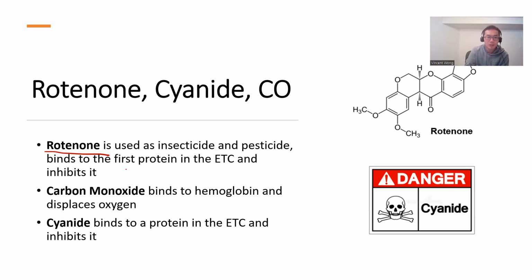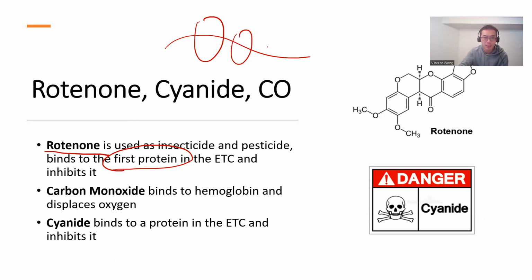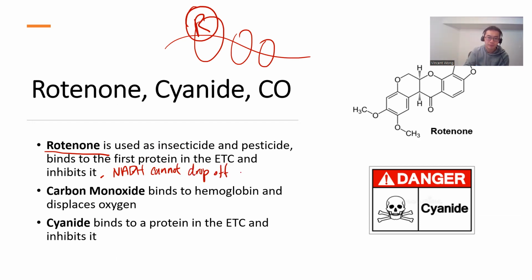And it binds to the first protein in the ETC. I want you to think about the ETC again, the 3 proteins here. If rotenone binds to the first protein and blocks it, then there is no place to drop off the electron. So in this case, NADH cannot drop off electron.